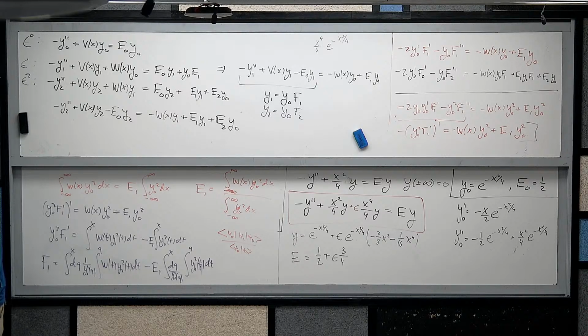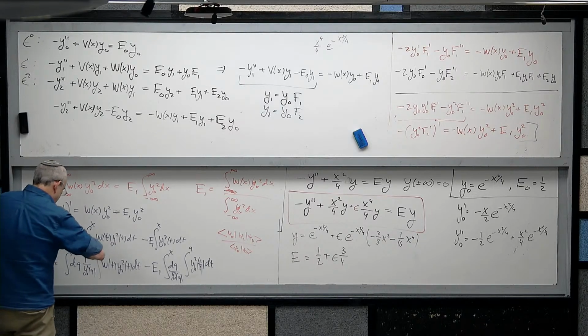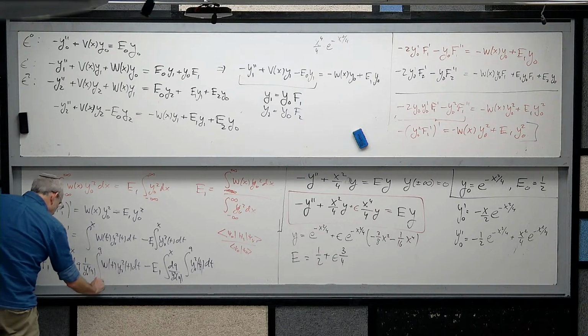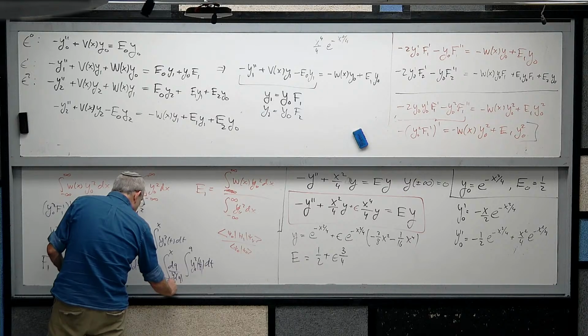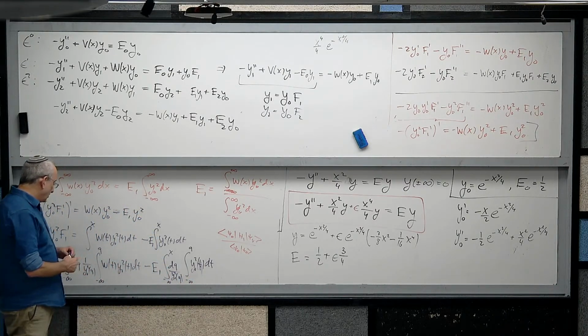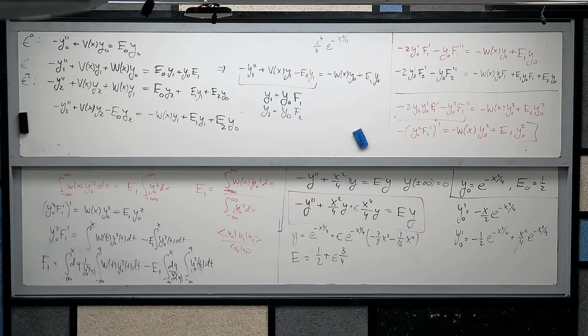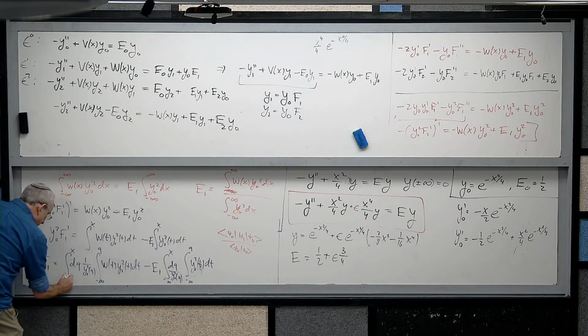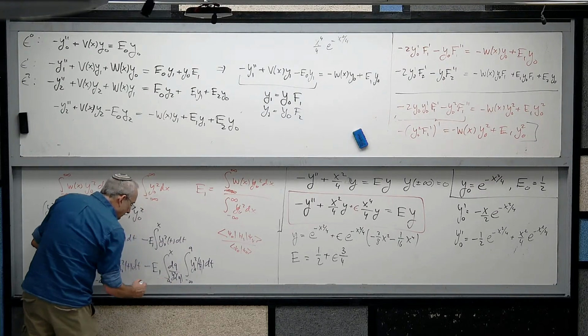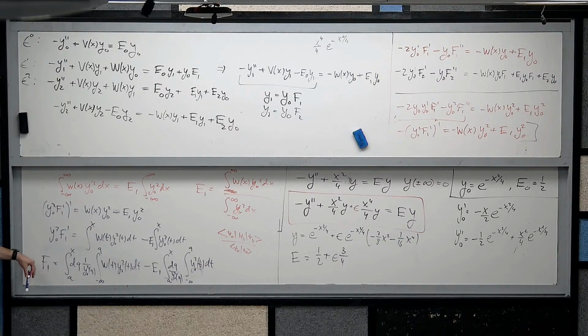Now, if we want f1, let's put it to be A. A is a point where f1 is 0.